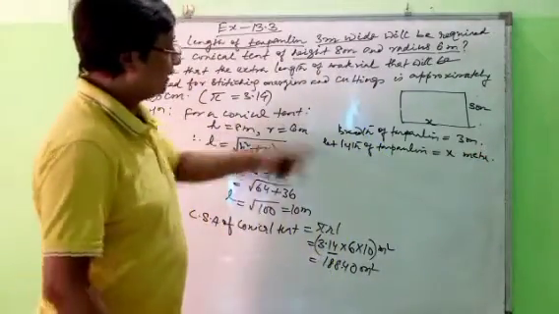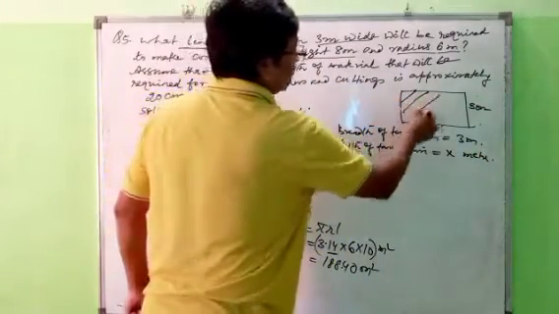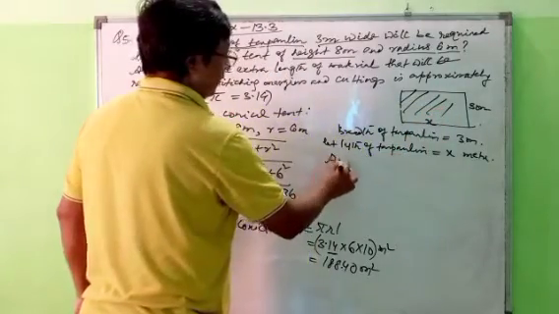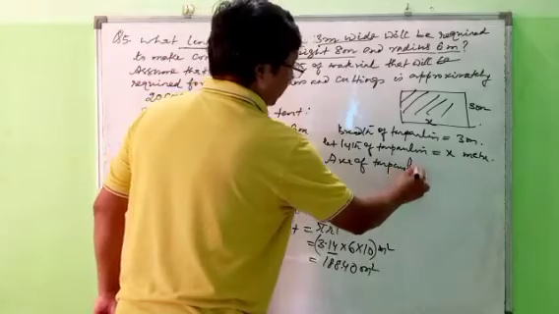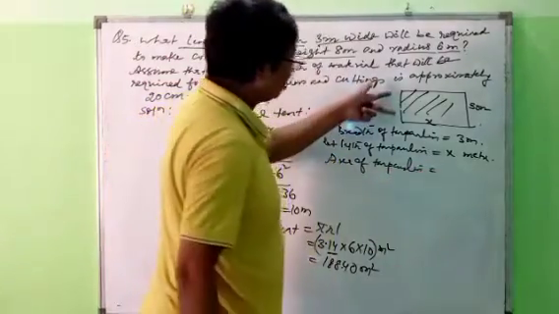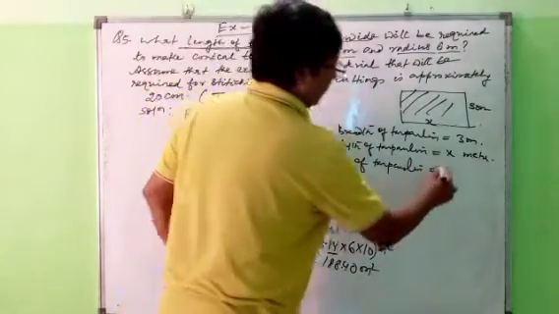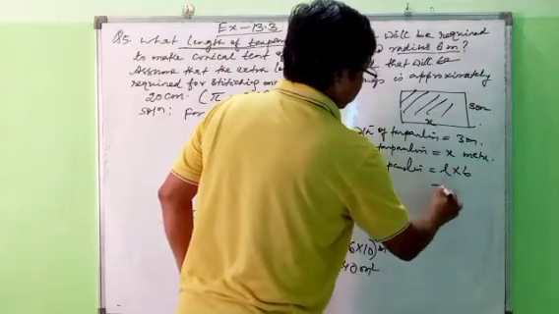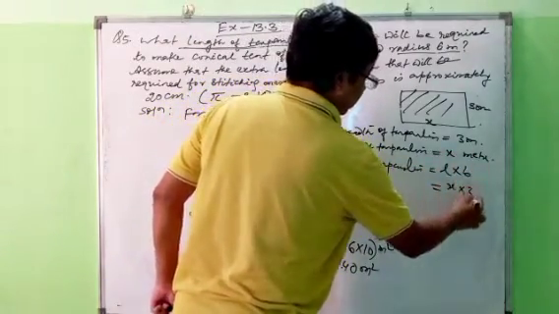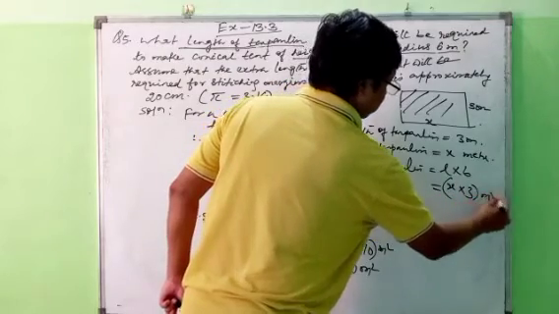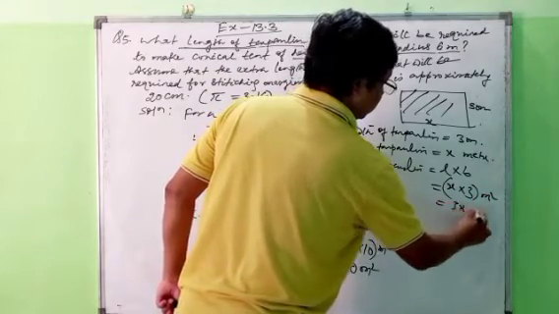Therefore, what will you get as its area? The area of tarpaulin: the shape is rectangular, so you will get length into breadth. Your length is x, and the breadth is 3. So that means meter square. You get 3x meter square.